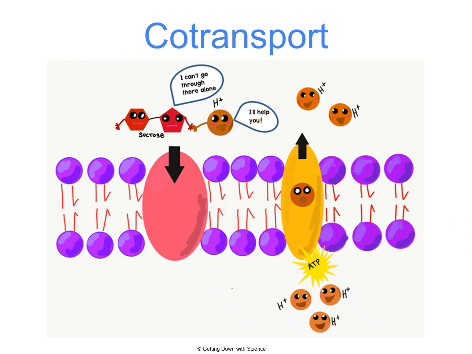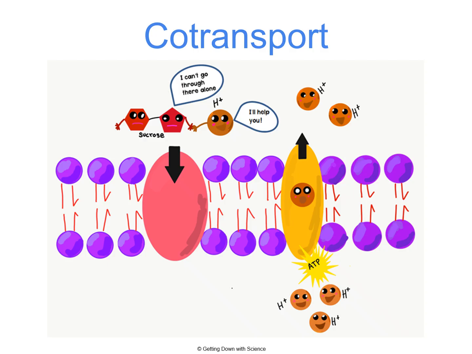So here's a little animation to help you guys understand how this co-transport works. So here we have sucrose, which is large, and sucrose wants to get across the cell membrane. However, sucrose is now paired with protons, so hydrogen ions. Hydrogen ions are moving within their concentration gradient, so they're moving from an area of high concentration to an area of low concentration.